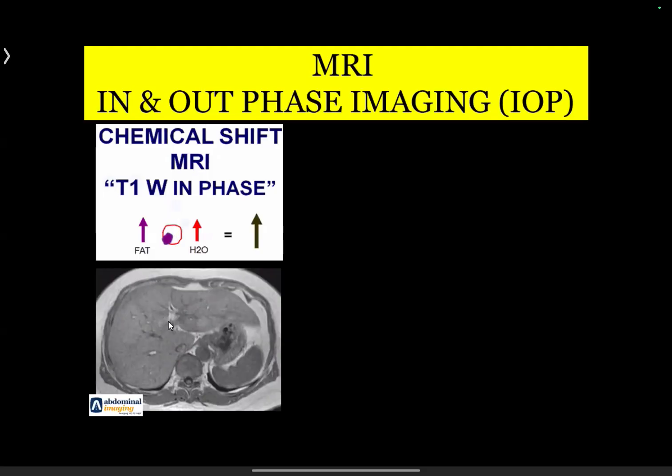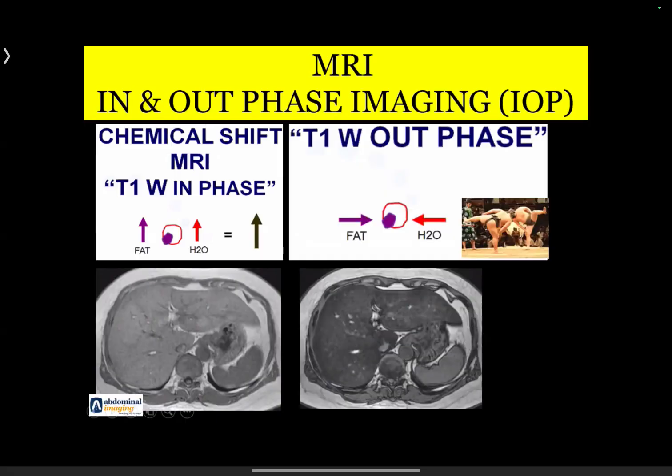So when there is fat, the liver actually appears a little brighter. Whereas in out phase, the water and the fat protons are precessing in opposite directions. So they actually cancel each other's signal, and what you see is a signal drop in the liver. So that tells you that there is fat in the liver.